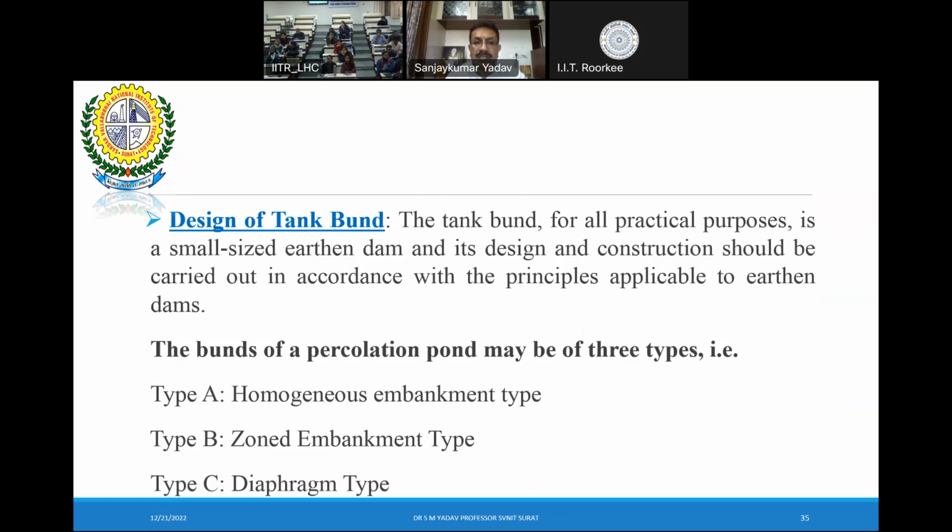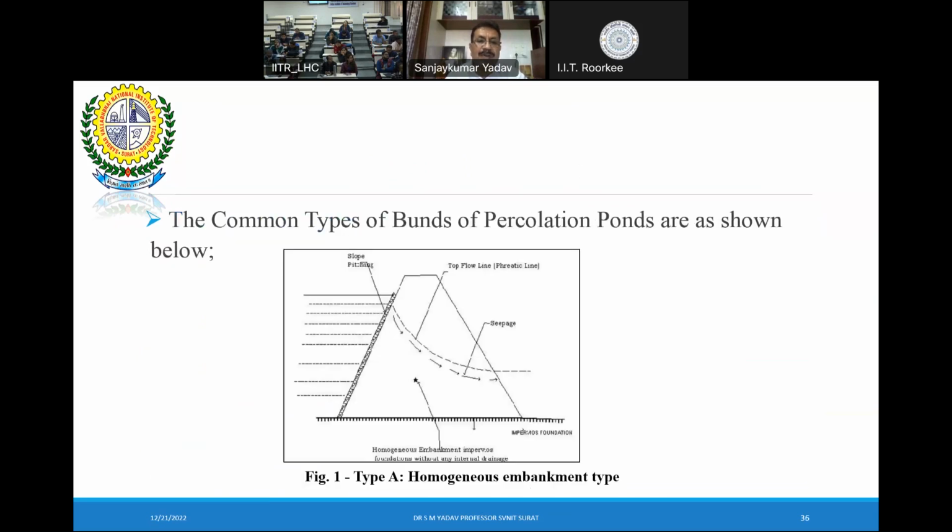Design of tank bund. The tank bund for all practical purposes is a small size earthen dam, and its design and construction should be carried out in accordance with the principles applicable to earthen dams. The bunds are of three kinds: type A, type B, and type C. Type A is a homogeneous embankment type, type B is a zoned embankment type, and type C is the diaphragm type.